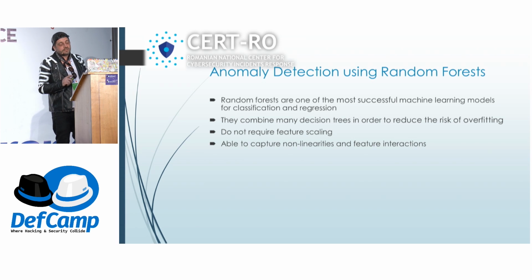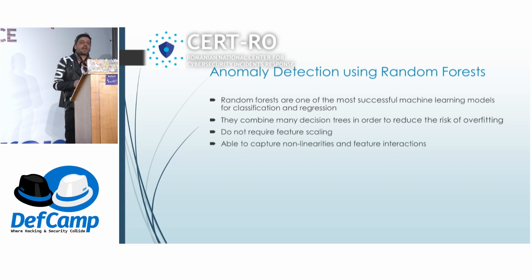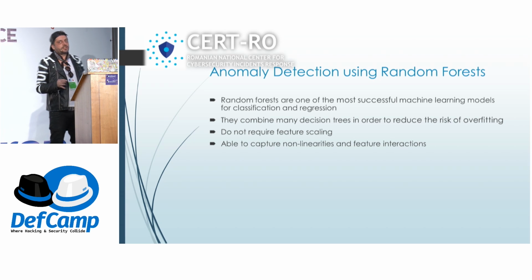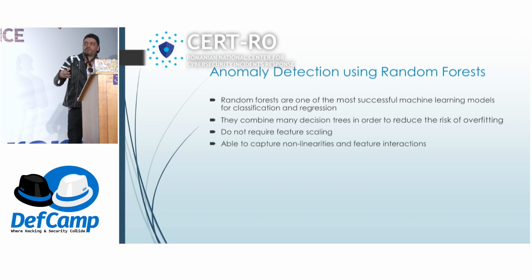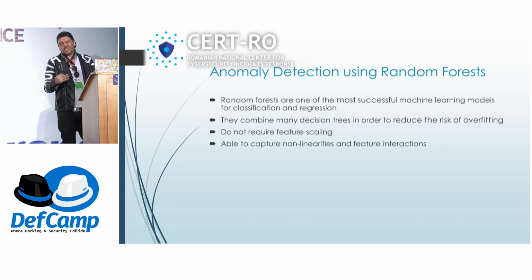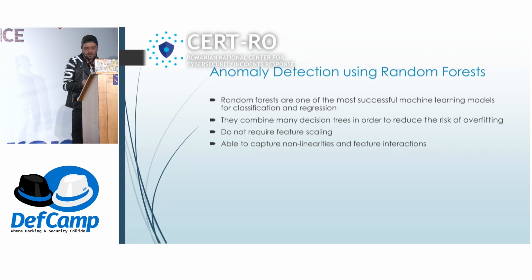Also, which is very important, they are able to capture nonlinearities and feature interactions, like how these features react in the context of similar features presented in the analysis, so to say.